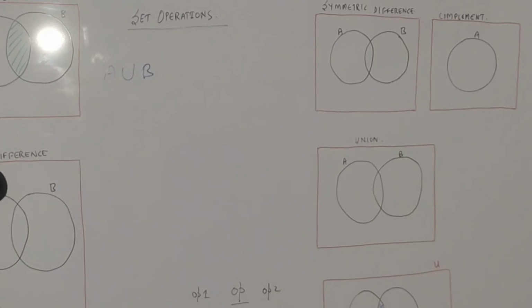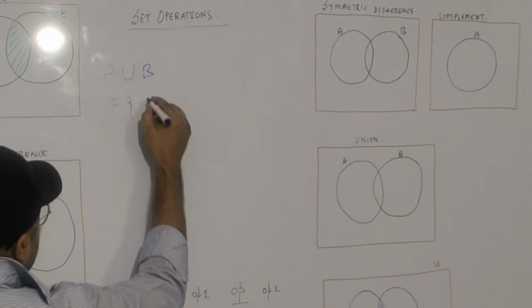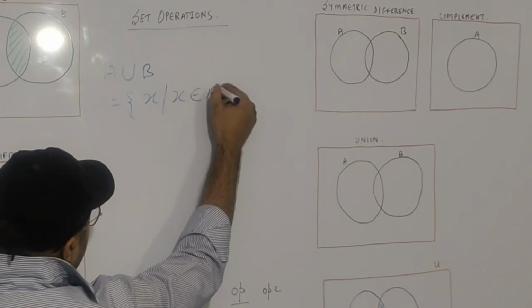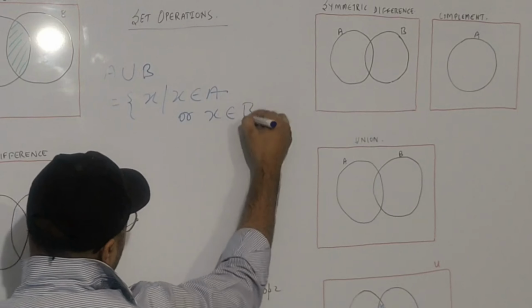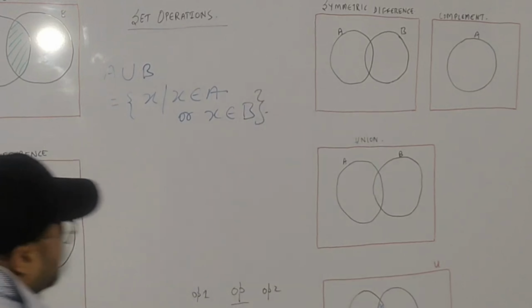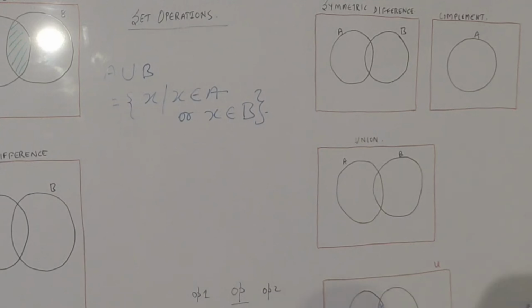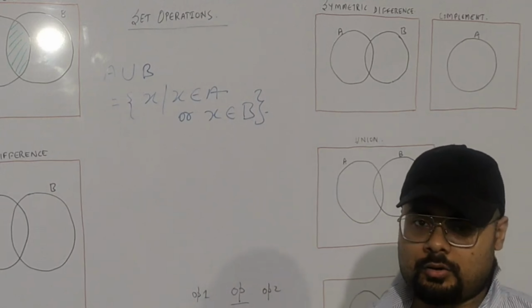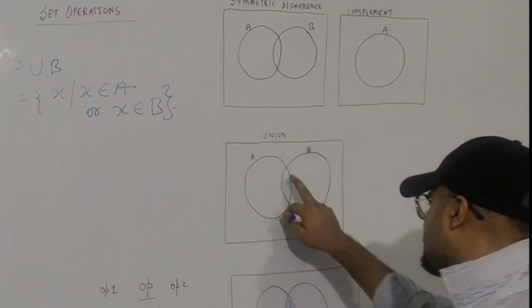A union B is equal to all the elements X such that X belongs to A or X belongs to B. So think of this. If your set A contains n elements and set B contains m elements, and they happen to be disjoint sets, meaning there is no sharing area.